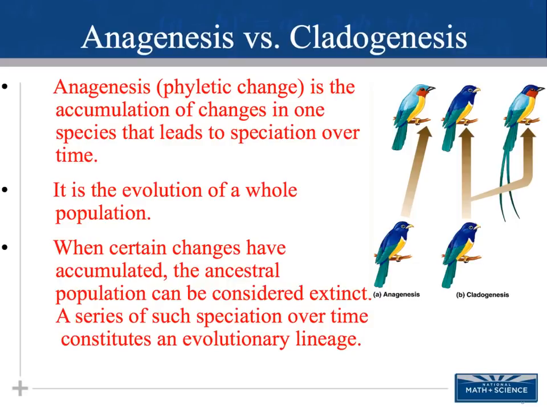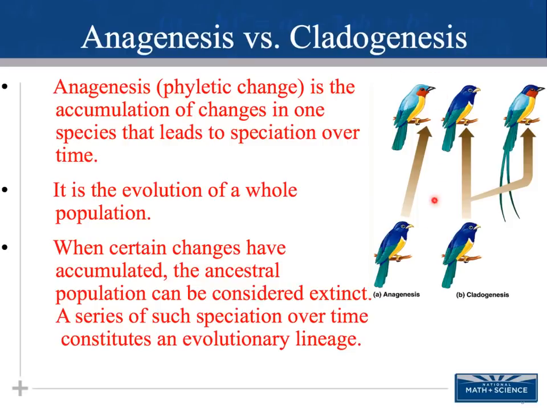So after a certain number of changes have accumulated, the ancestral or original population is considered extinct, and the new organism is the ongoing population. So we literally go from having one kind of bird, like if we use this picture, to a bunch of changes taking place, and now we have a completely different species of bird.